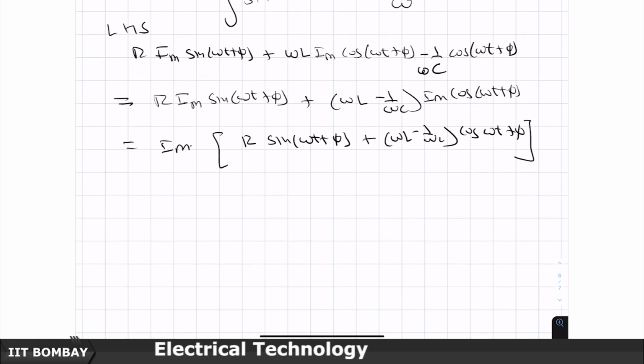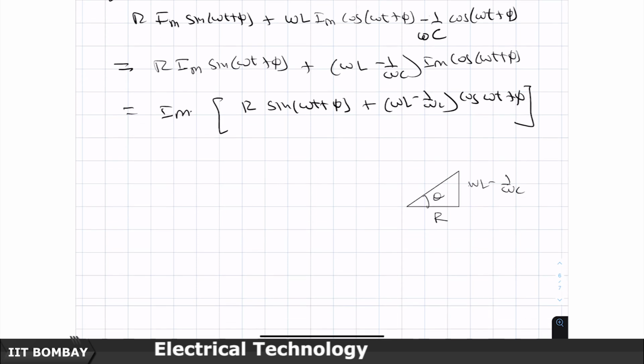Now, let us say this is R, let us say this is omega L minus 1 by omega C, and let us say this is theta.